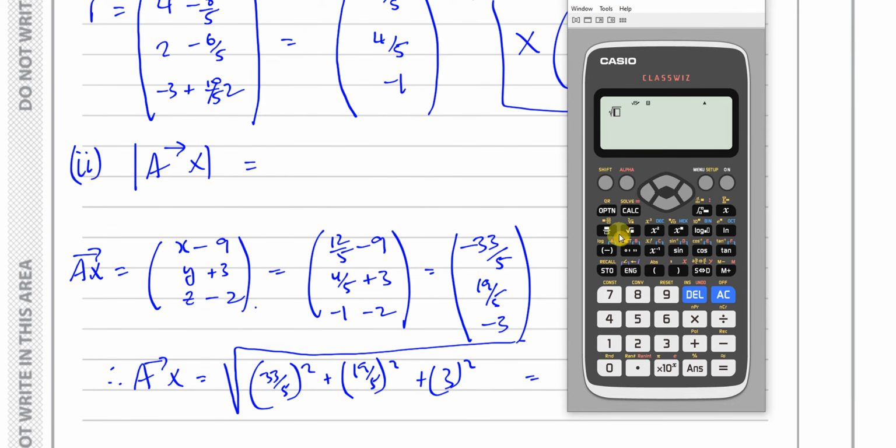The square root of 33 over 5 squared plus 19 over 5 squared plus 3 squared. That gives us the square root of 67.